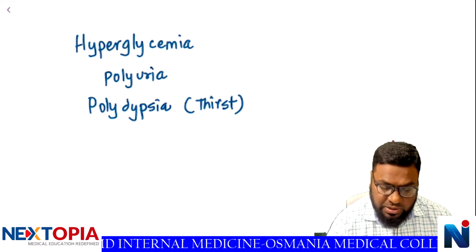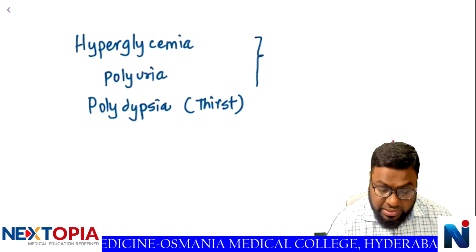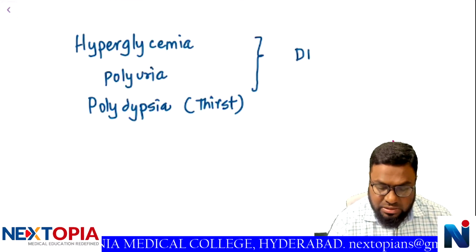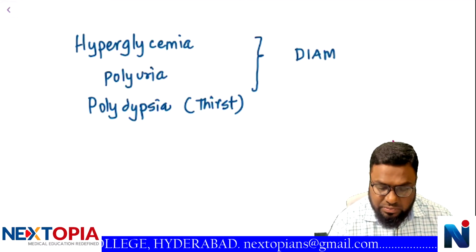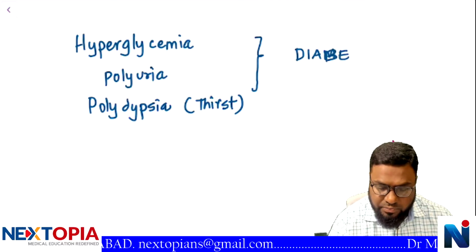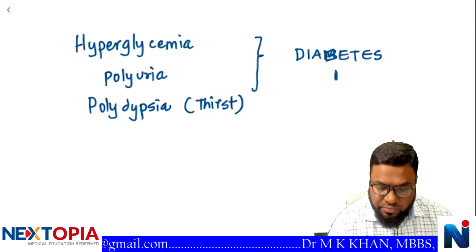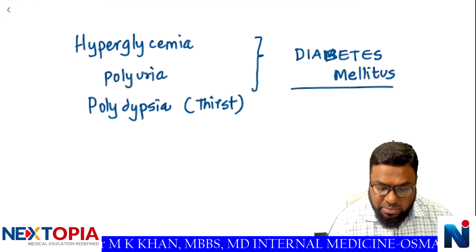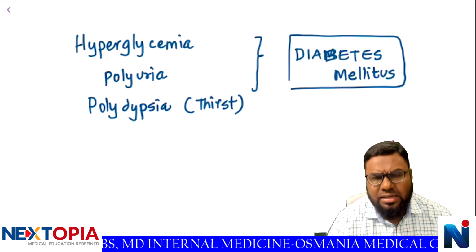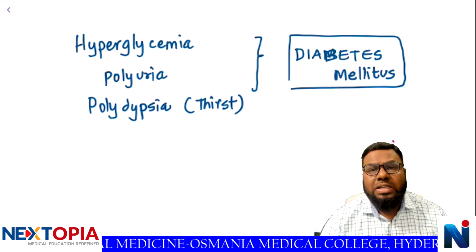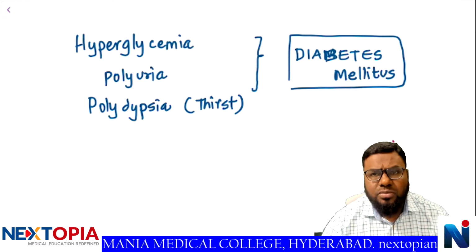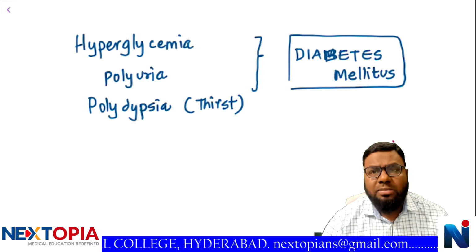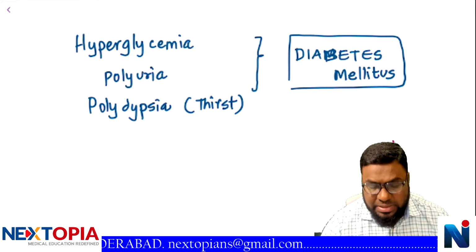This person has a clinical diagnosis of diabetes mellitus, and you will have to prove it biochemically by doing certain tests that I'll discuss in the medicine chapter. But please remember, in diabetes mellitus, hyperglycemia, polyuria, polydipsia is the presentation.